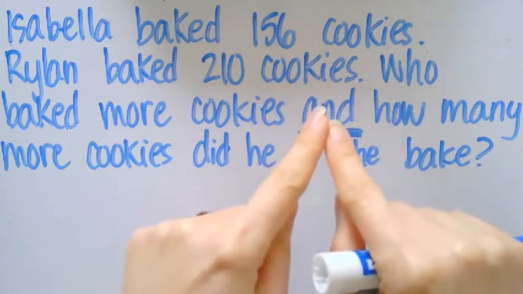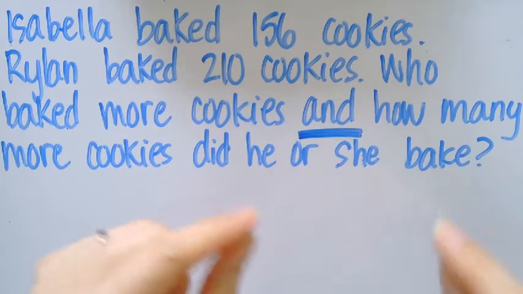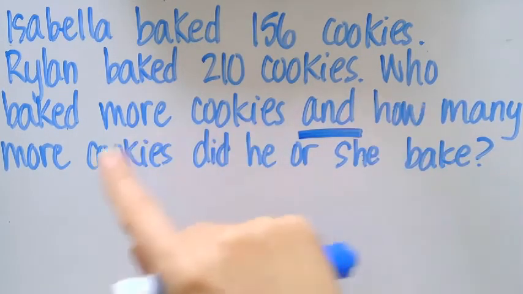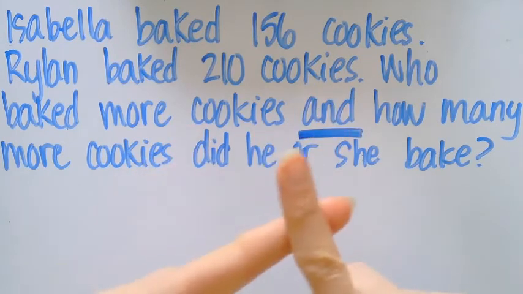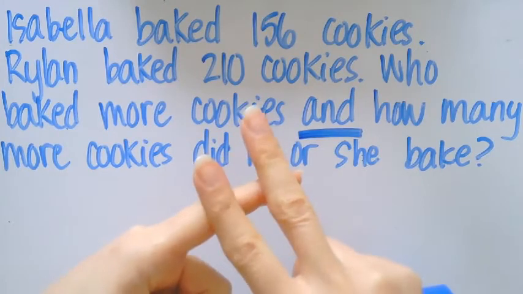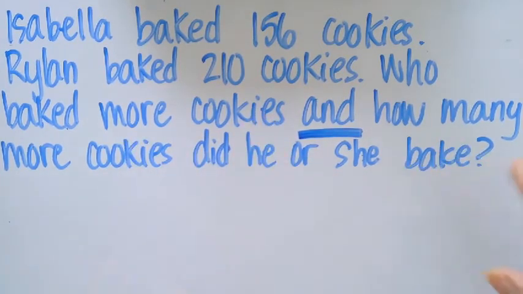The word "and" really sticks out to me because it tells me I'm needing to do a little bit more, okay? Who baked more cookies? And how many more cookies did he or she bake? So a couple different things that I'm needing to find, not just who baked more, but I need to find the actual answer of how many more and showing some evidence of that.